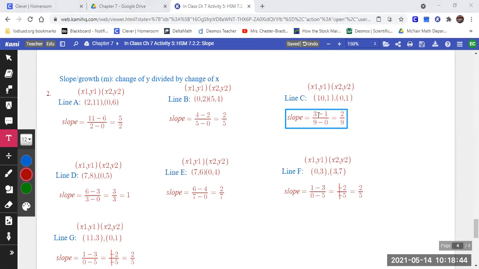See, what's my top level going to become? 1 minus 1. Okay, what's my bottom level going to become? 10 minus 0.